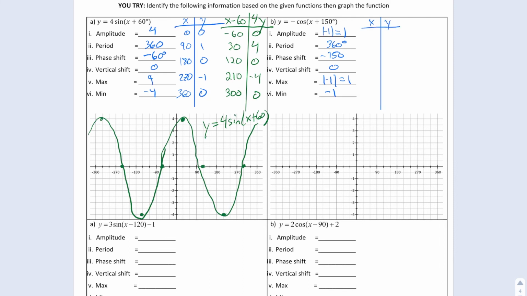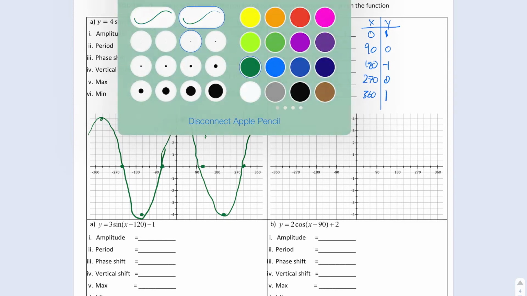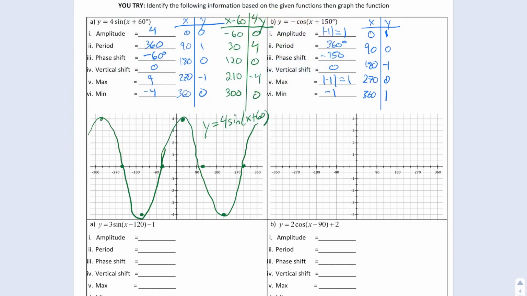So again, start with my key points for cosine. This is cos. X value is the same for both cosine and sine, but y values change. This is 1, 0, -1, 0, 1. So now I'm going to subtract 150 from my x.